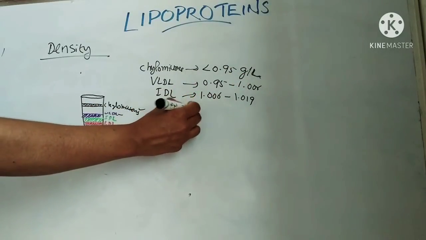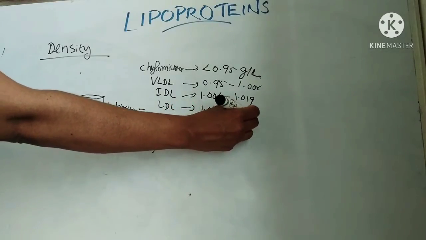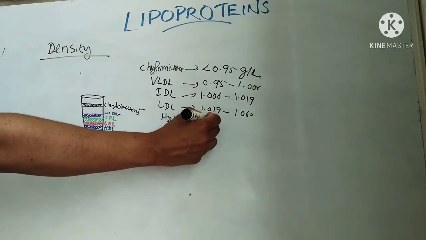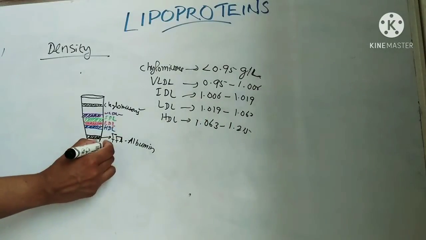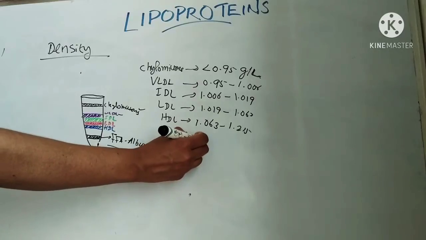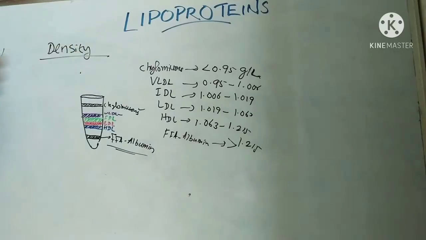LDL has density 1.019 to 1.063. HDL has density 1.063 to 1.215. And free fatty acid complexed with albumin has density greater than 1.215. This is the density of individual lipoproteins.